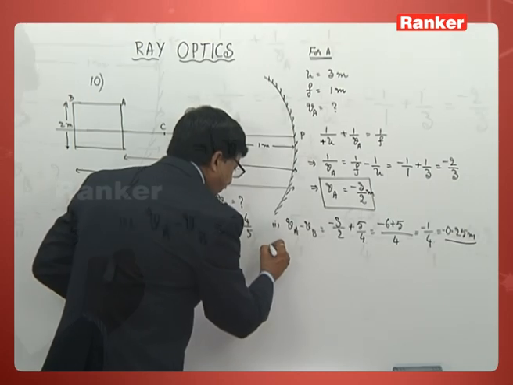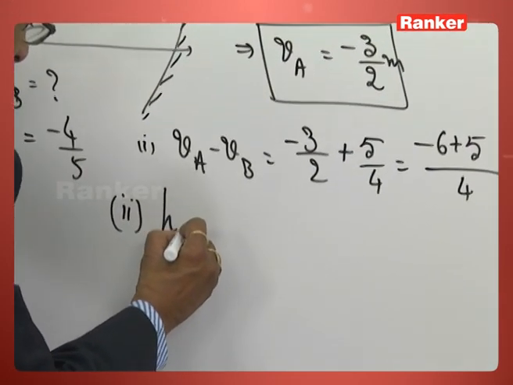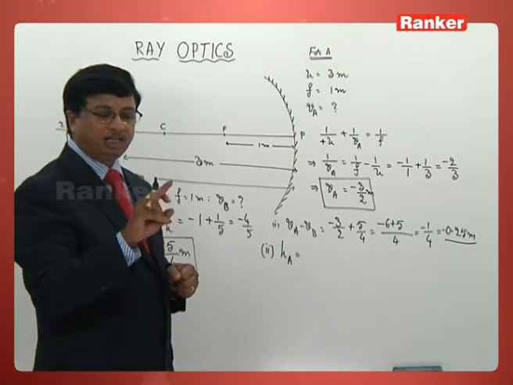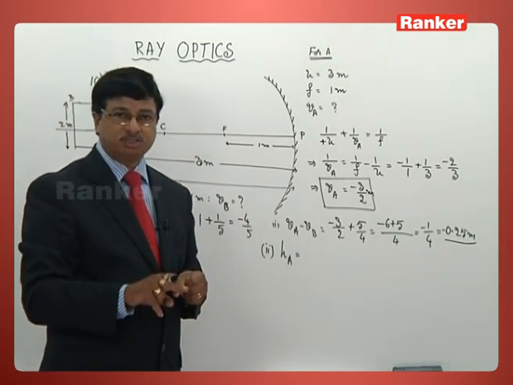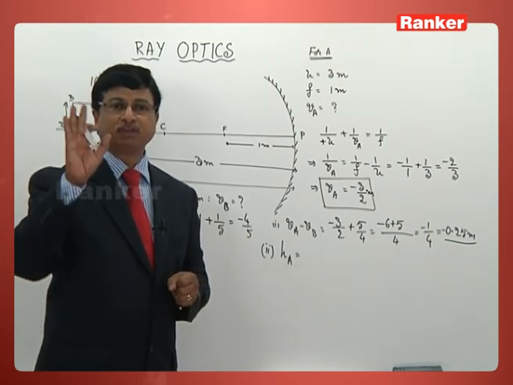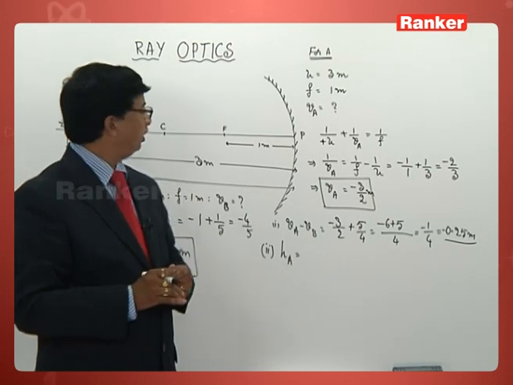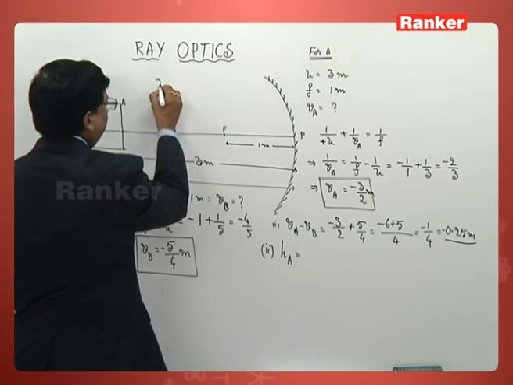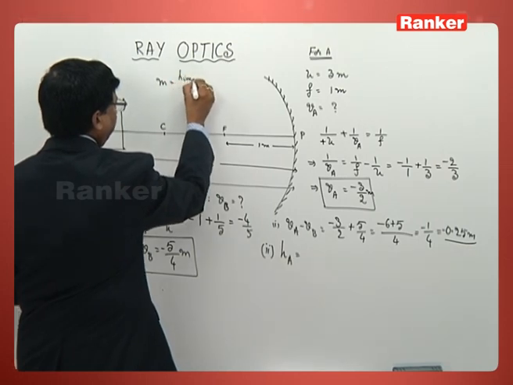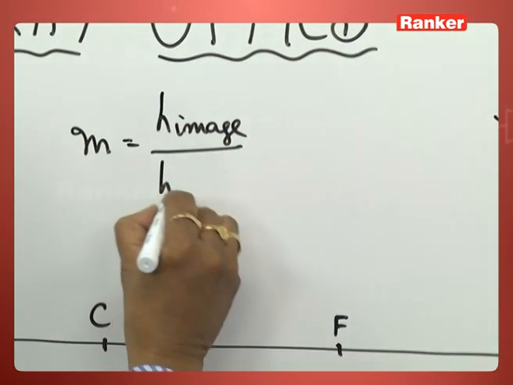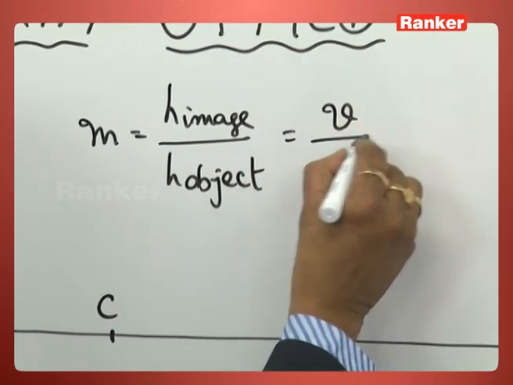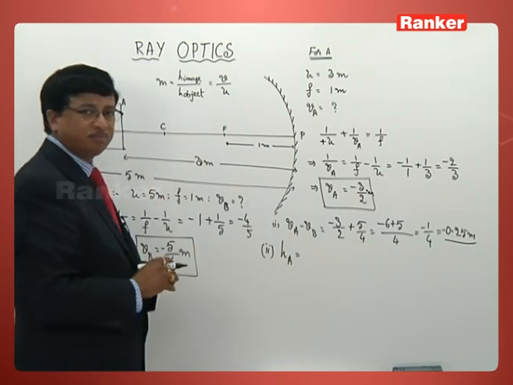Look at first. Height of the image A I want. Height of the image by height of the object is equal to V by U is equal to magnification. All of you are familiar with this formula. Magnification is equal to height of image by height of object, which of course can even be written as image distance by object distance.